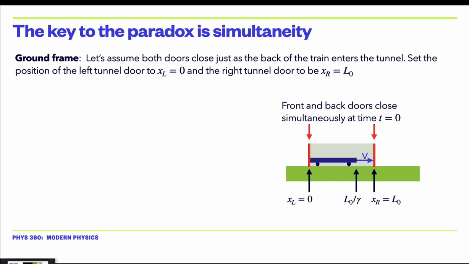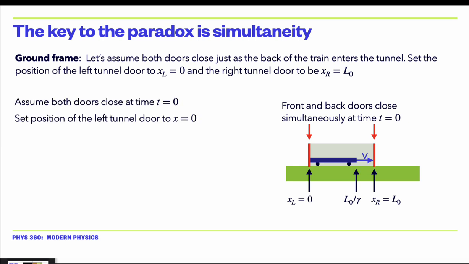Again, the width of the tunnel in the tunnel's frame is going to be L0. The length of the train is going to be L0 over gamma, since it's length contracted.